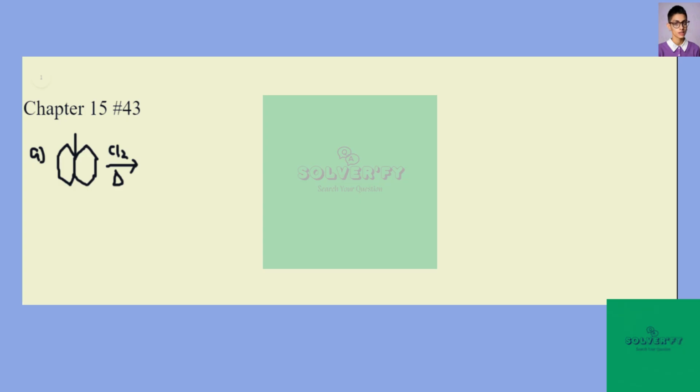Okay, so for A, when we heat Y with chlorine gas, this is a radical chlorination, and radical chlorinations are not selective, unfortunately. So we're going to get chlorination of every possible position in this molecule. And so there's one.